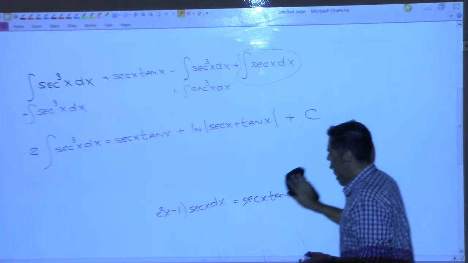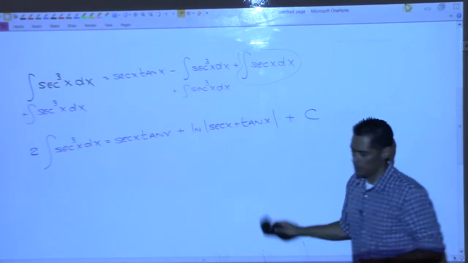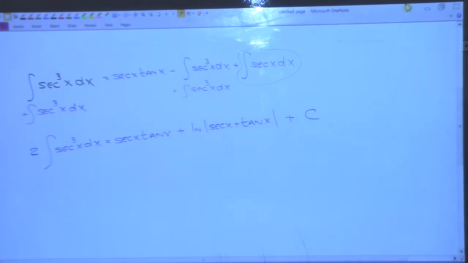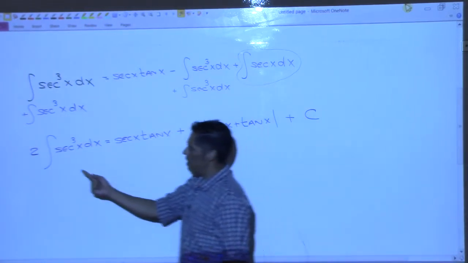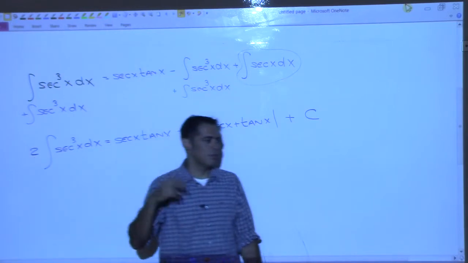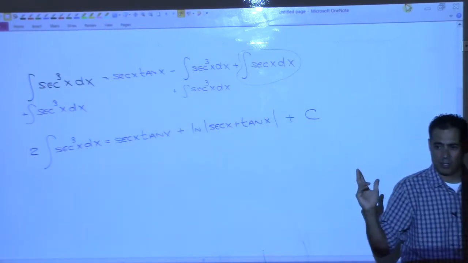And so there's one more step. One more step. Take the integral of secant x dx. Just all we need is that number gone, right? We have two of them, we just want one of them. So just divide everything by 2.